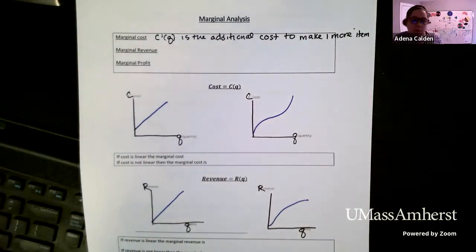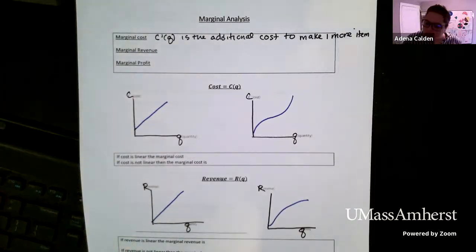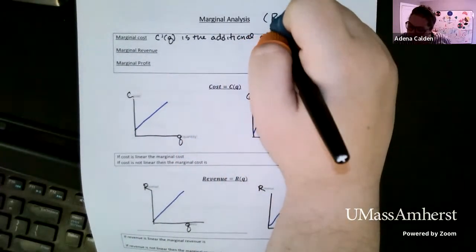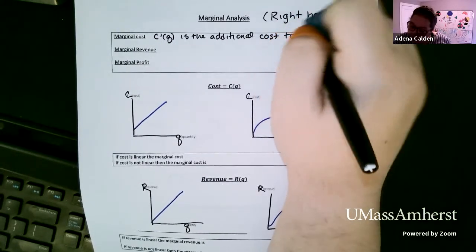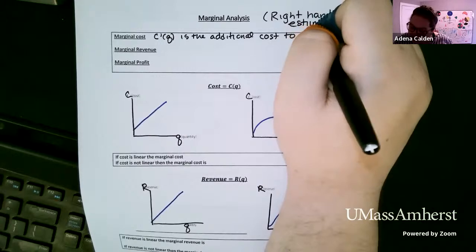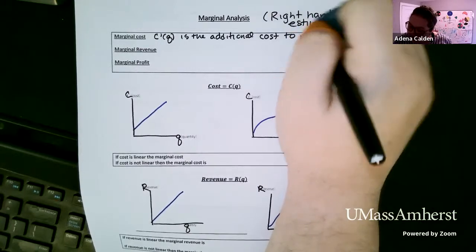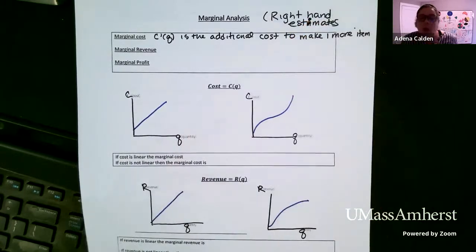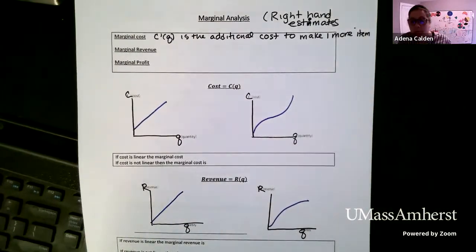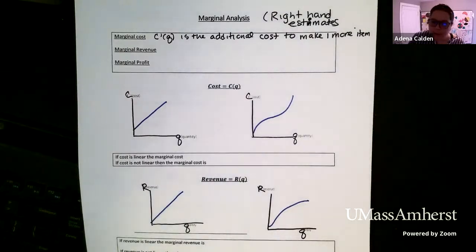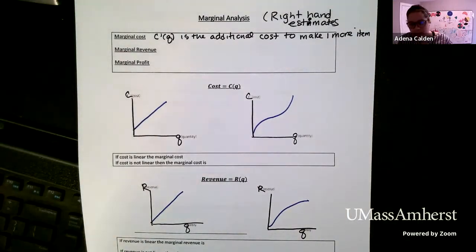Now, one of the things that we're going to notice here for all our marginal analysis is that we're going to be using right-hand estimates. So when we were estimating derivatives on a generic function, we would do the left and the right and average them together.